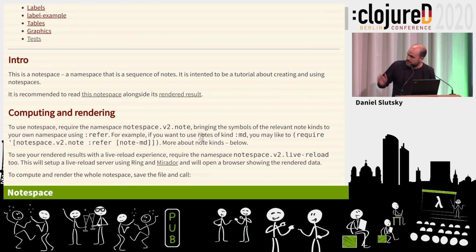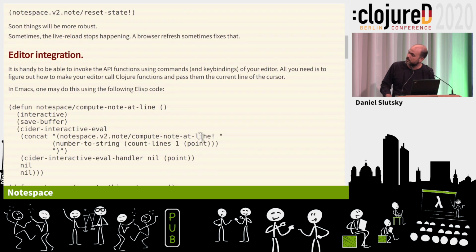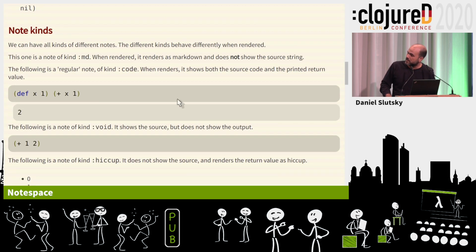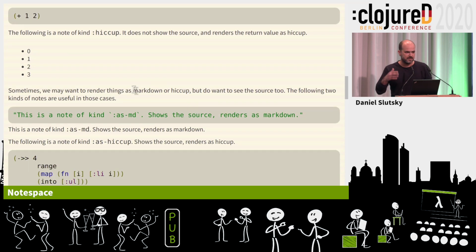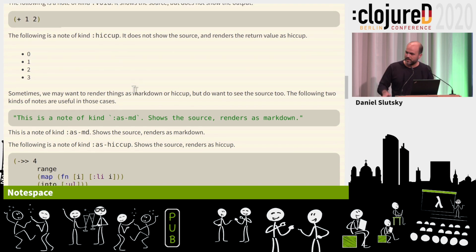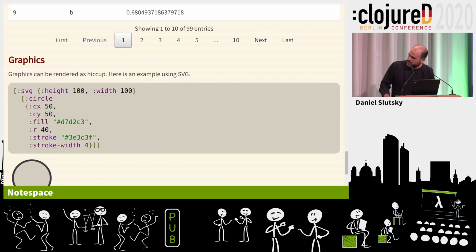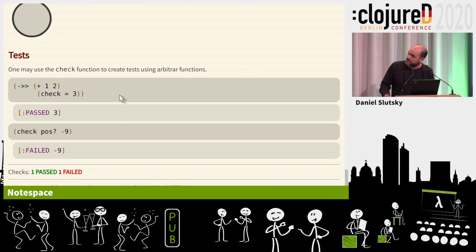We render this kind of thing where we have code with input and output, and we can render in different ways: as hiccup and as markdown, as you may expect. There is some visual stuff, and we can do tests, and we have some summary of the tests.